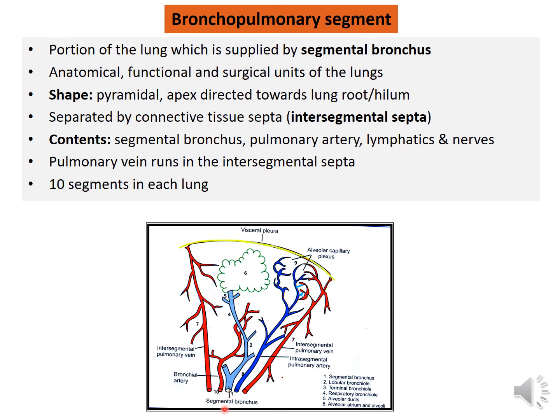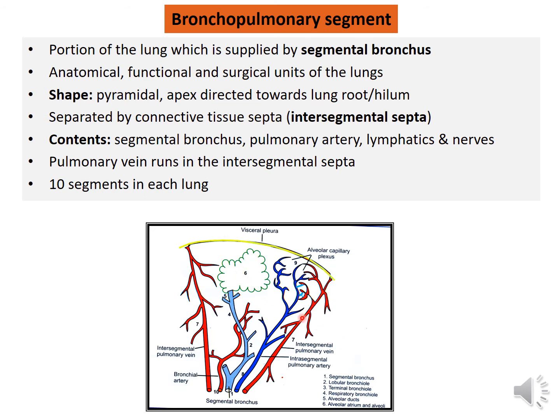This segment is aerated by the segmental bronchus. What is the shape of this segment? It is conical or pyramid in shape, as you see in the picture, with the apex directed towards the hilum of the lung, whereas the base is directed towards the surface.